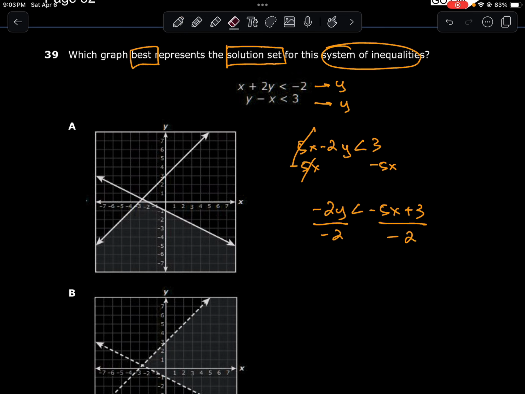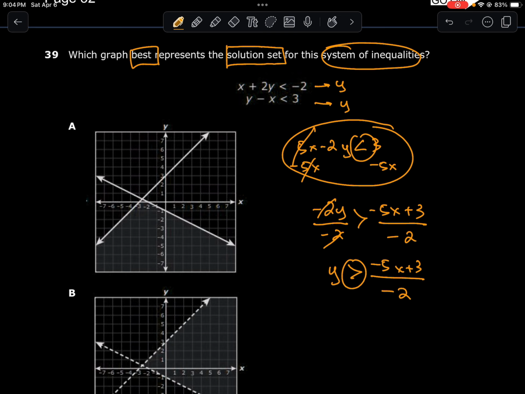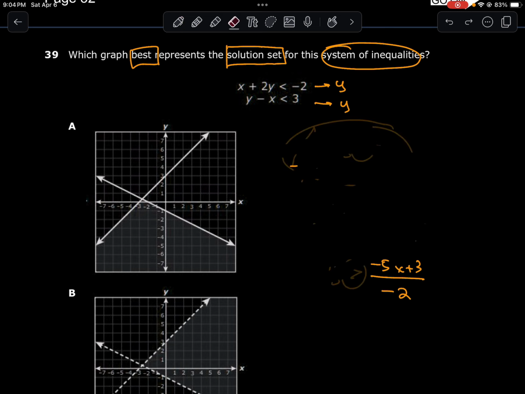But the moment you divide by a negative number, you have to flip the inequality. So I would end up getting y greater than negative 5x plus 3 divided by negative 2. You see, you start with less than, we end up with greater than. And so the moral is: don't trust what you are given before you check if the y has a negative number. If it's a negative number, that's going to flip, and it would be the opposite direction.